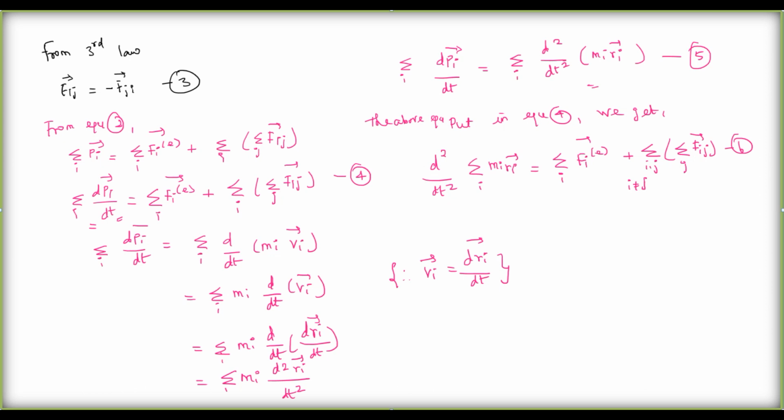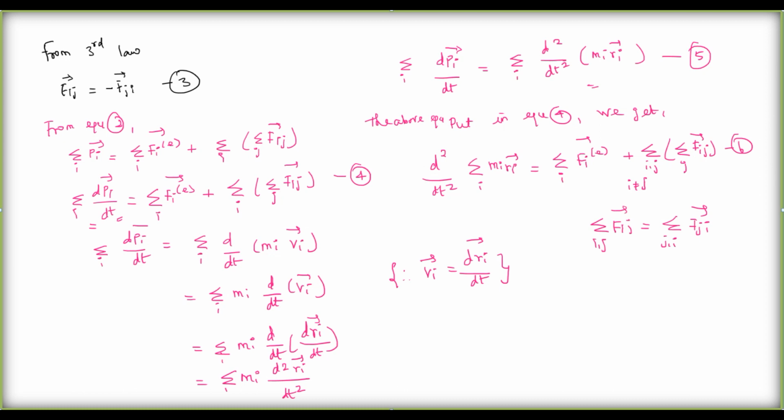Next, again we have to simplify this one. Summation ij of Fij vector, which is equal to summation ji of Fji vector. So the ith particle interacts with the jth particle, and similarly the jth particle interacts with the ith particle.